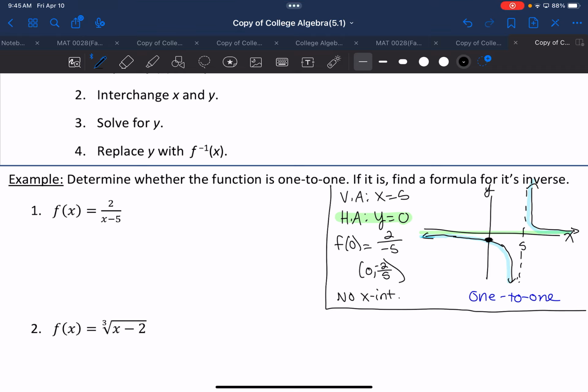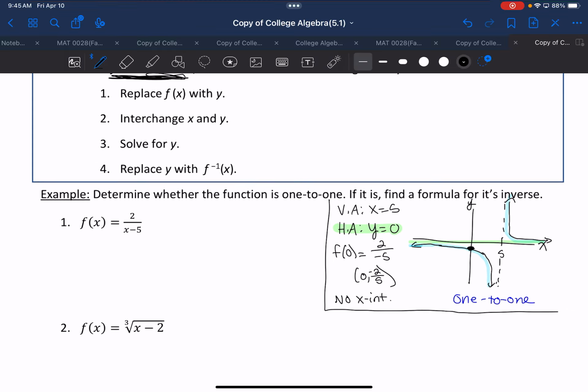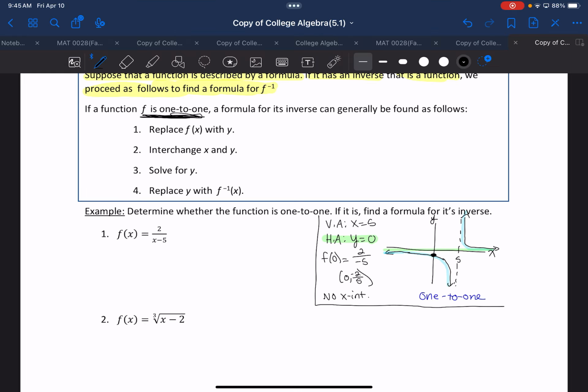So because it's 1-to-1, I know that it has an inverse, first of all, and the inverse is a function, because that's what one of the properties told me. If it's 1-to-1, it has an inverse that is a function. So now we're going to find this inverse function.